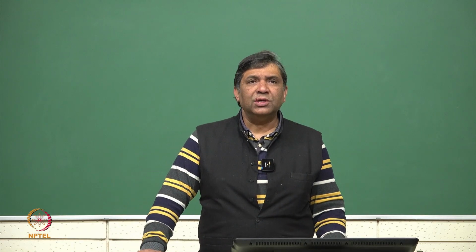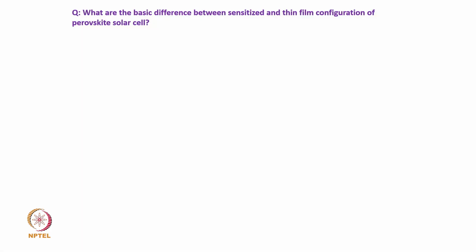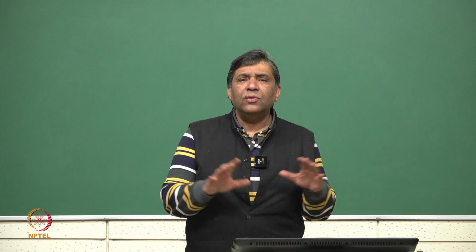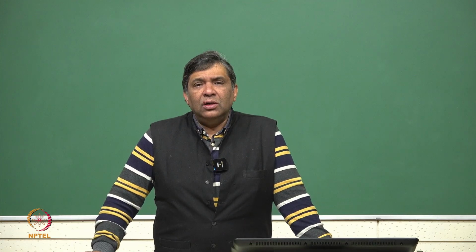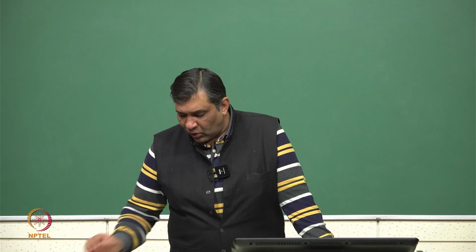Now, the second question is, what are the basic differences between sensitized and thin film configuration of perovskite solar cell? As I discussed in my lecture, there are two configurations which are possible in perovskite solar cell. One configuration is directly what we have seen, similar to dye sensitized and quantum dot sensitized solar cell.